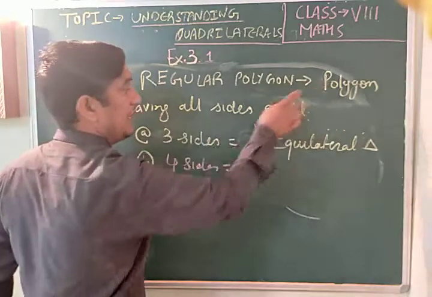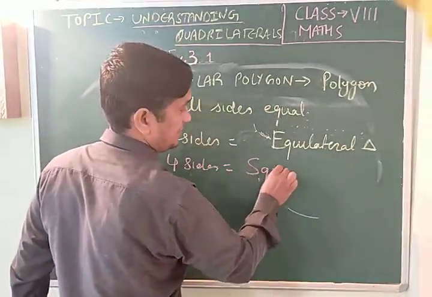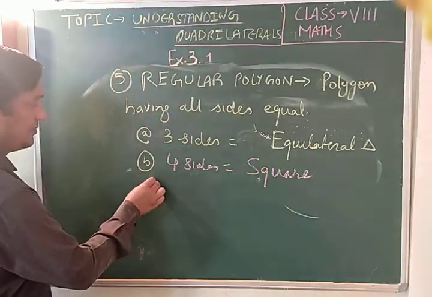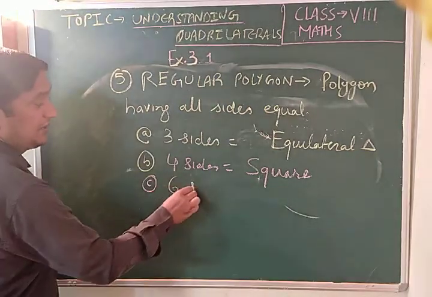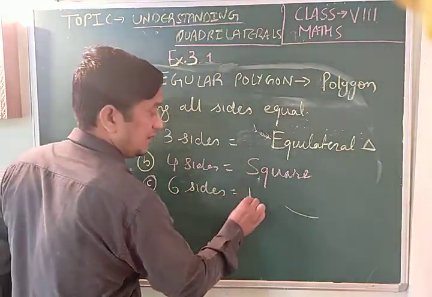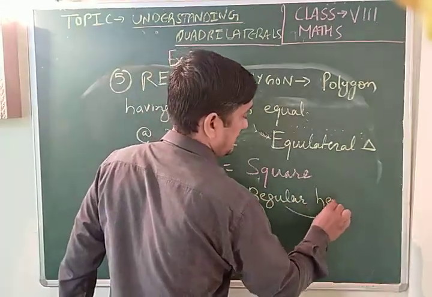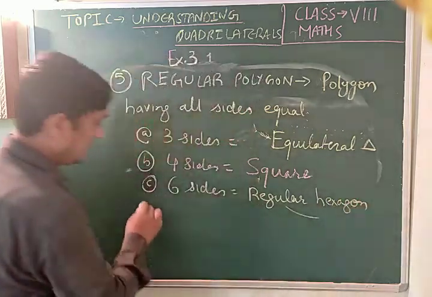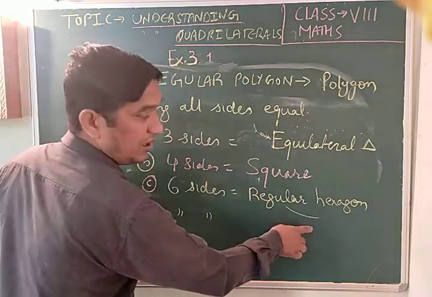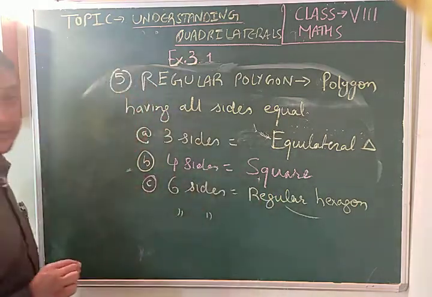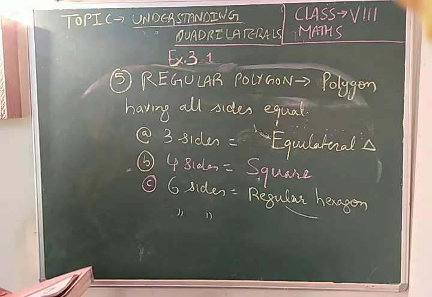If a polygon has all 4 sides equal, it becomes a square. C part, 6 sides. If all 6 sides are equal, it is called a regular hexagon. Similarly, so on. If 8 sides are equal, then regular octagon. Regular nonagon. Understood, children?